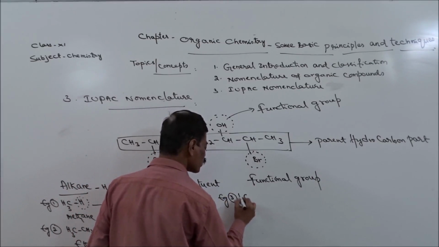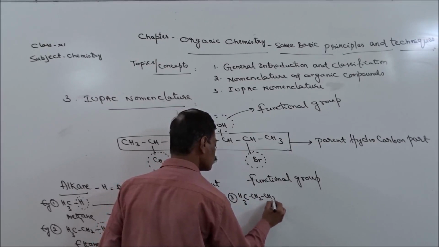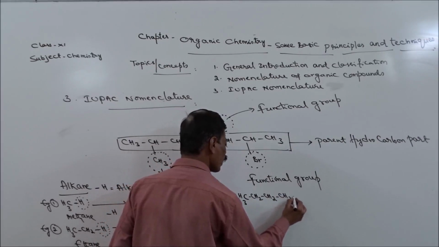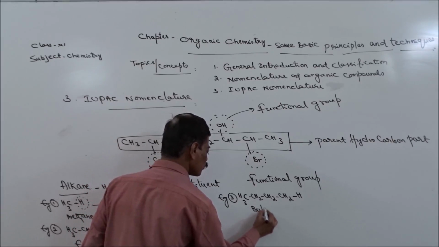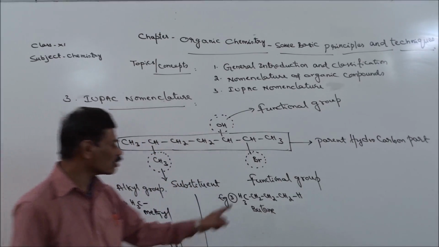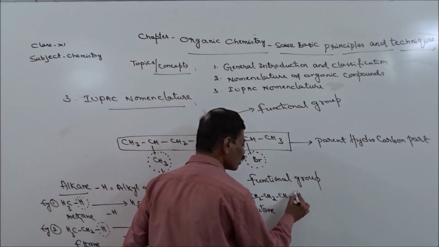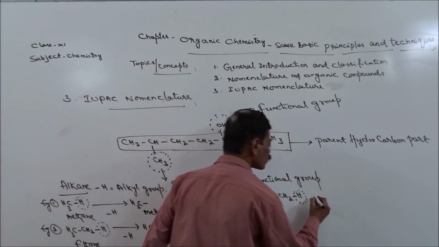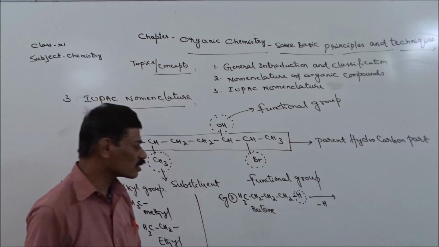Look at this compound CH3 CH2 CH2 CH2H. This is called butane. But means 4 carbon atoms. So in this compound we have 4 carbon atoms. Now imagine this hydrogen atom is removed.